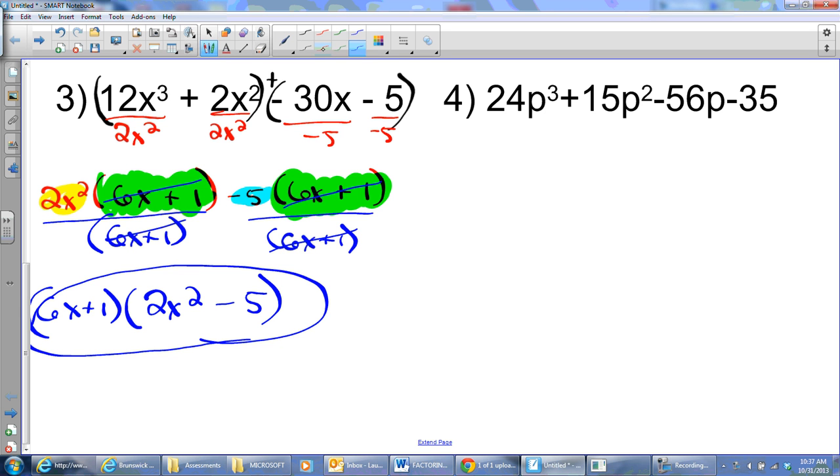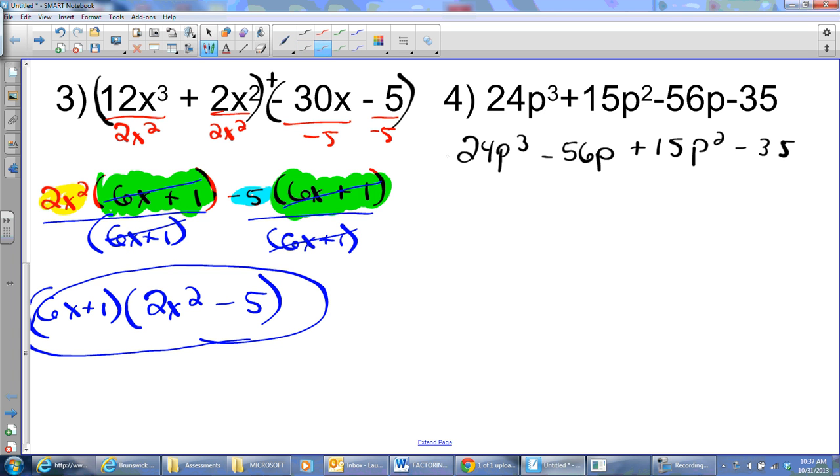All right, last one. I think I'm going to rewrite this one. I see the 15 and 35 going very well together. So I'm going to go 24p cubed minus 56p plus 15p squared minus 35.